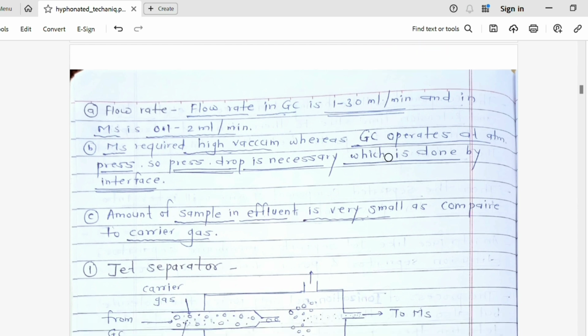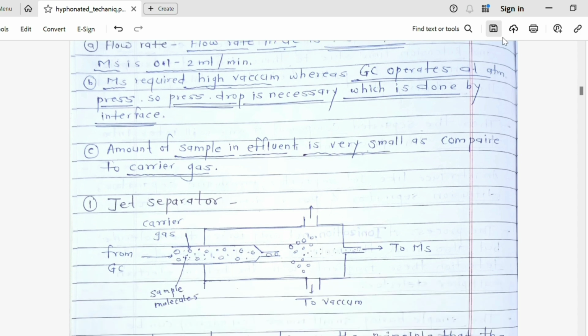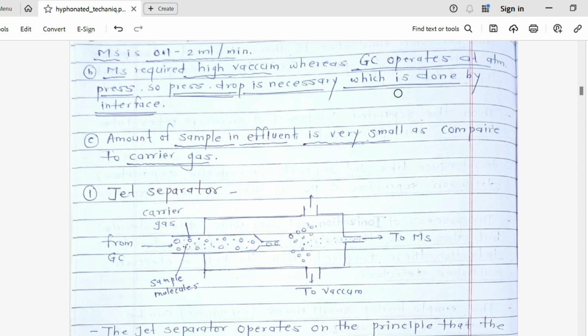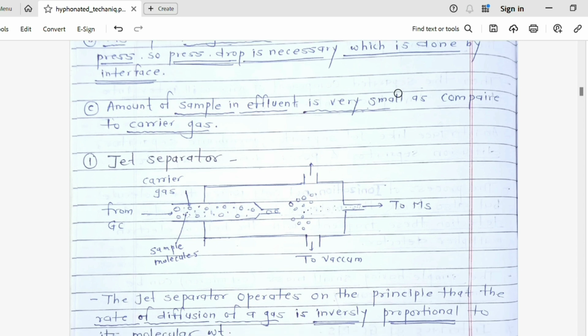Mass spectroscopy requires a high vacuum, whereas GC operates at atmospheric pressure. So a pressure drop is necessary, which is done by the interface. The interface removes the unwanted pressure from the GC column and reduces the vacuum of the mass spectrometer. The amount of sample in the effluent is very small compared to the carrier gas.